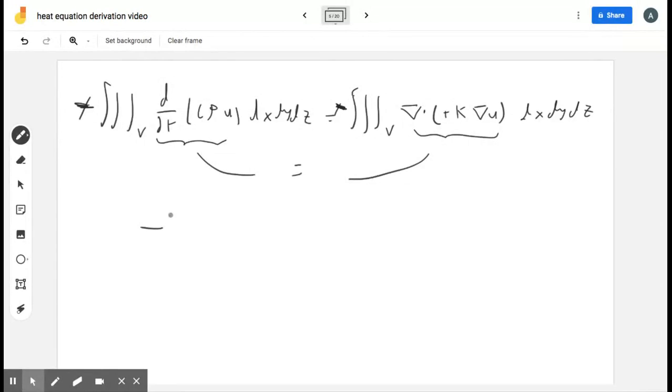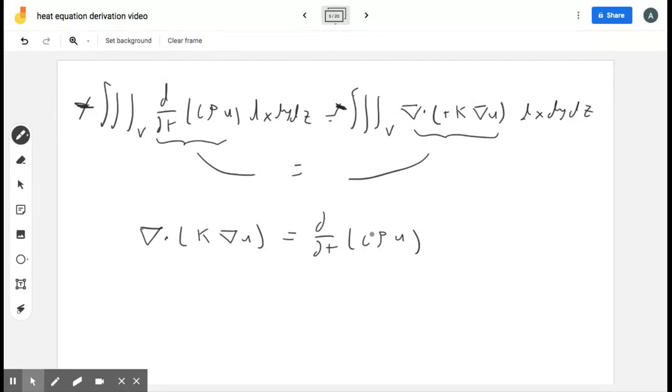So we get that the divergence of the thermal conductivity times the gradient of the temperature distribution is equal to the derivative with respect to time of the specific heat of the material times the density times the temperature distribution.